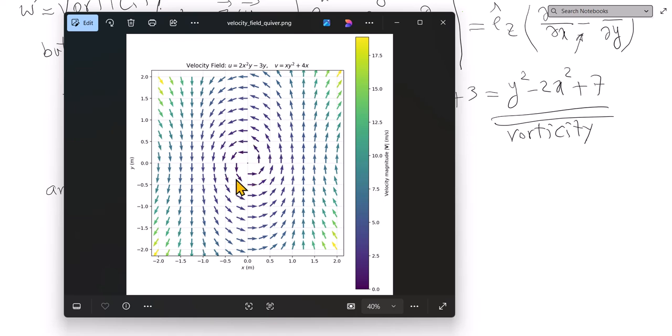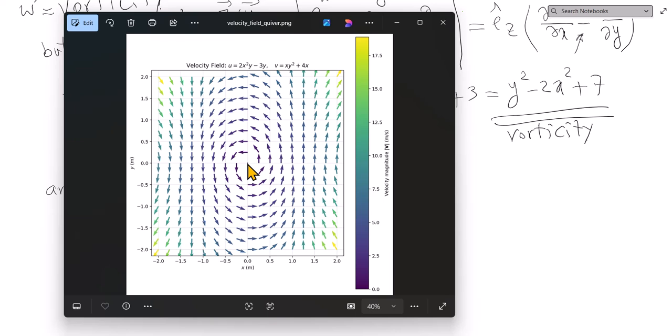This is not the vorticity field. As you see, there is clearly a circulation here that fades away in different directions as you go away from the origin, 0 and 0. So sometimes it's good to graph these things and get a feeling.